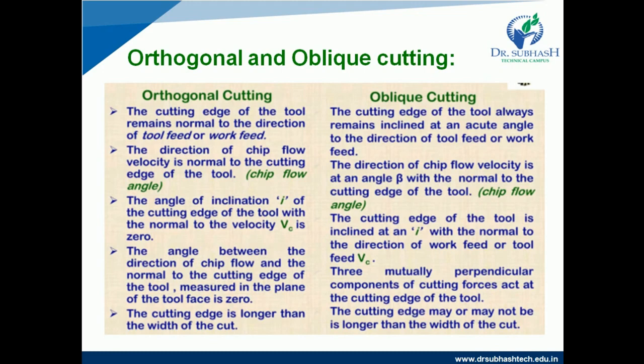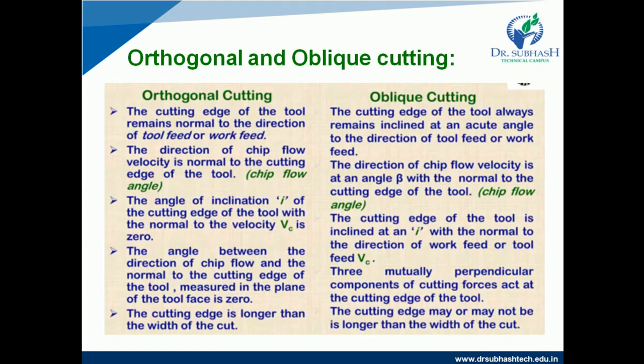See, in orthogonal cutting, only two components of the force are considered, cutting force and thrust force, which can be represented by a 2D coordinate system, while in oblique cutting, three components of the force are considered: cutting force, thrust force, and radial force, which cannot be represented in 2D coordinates.